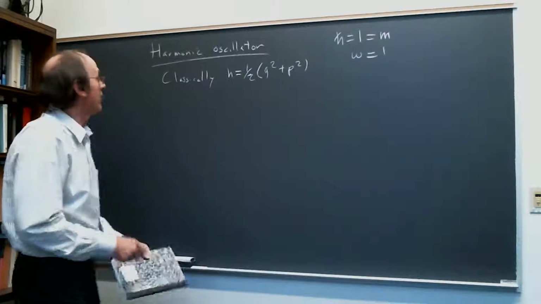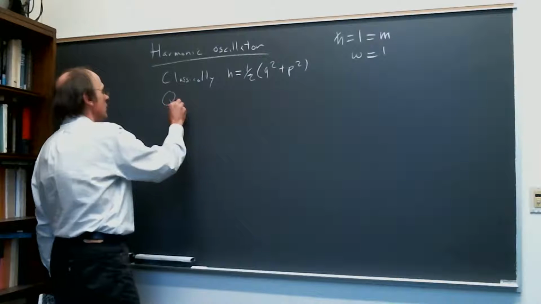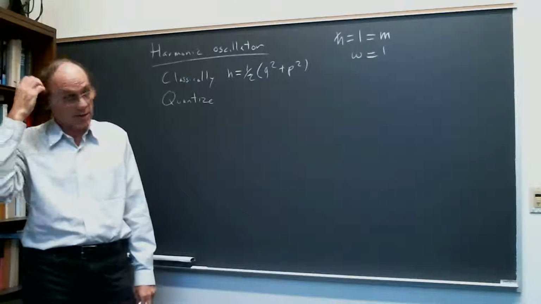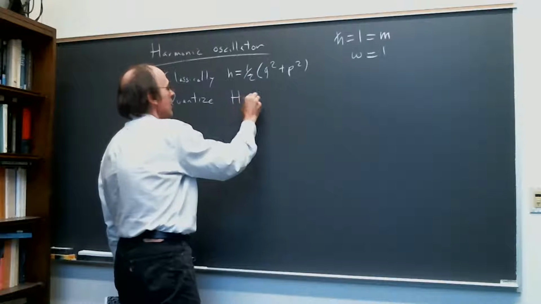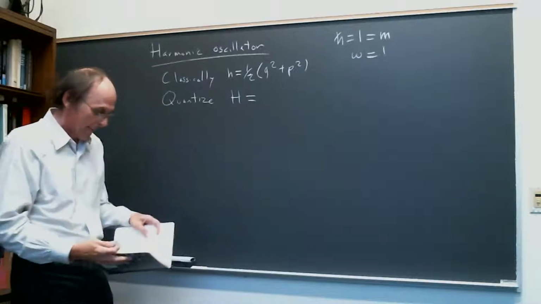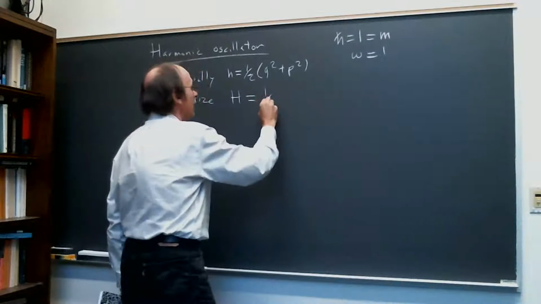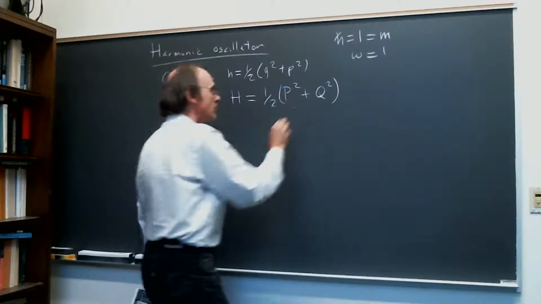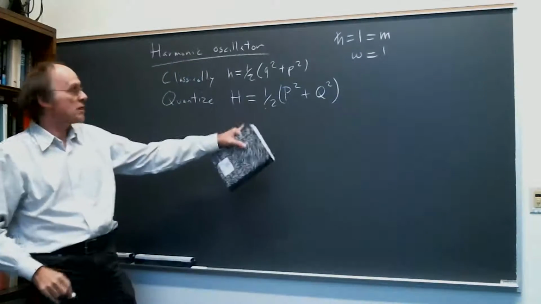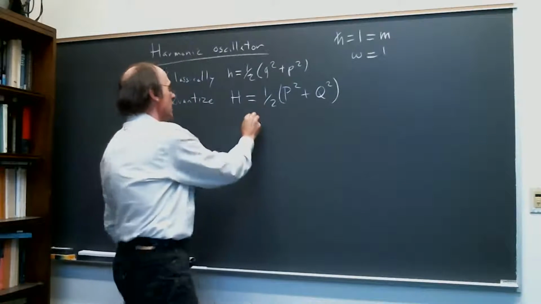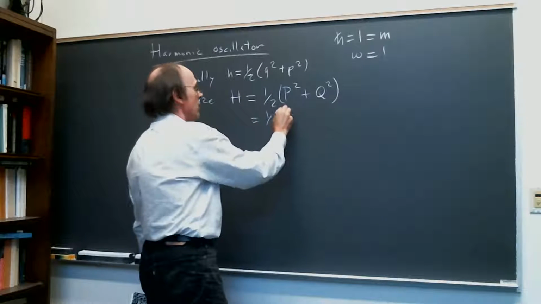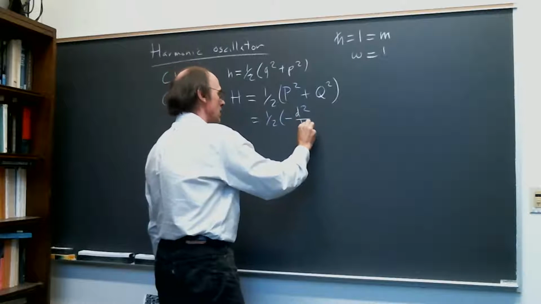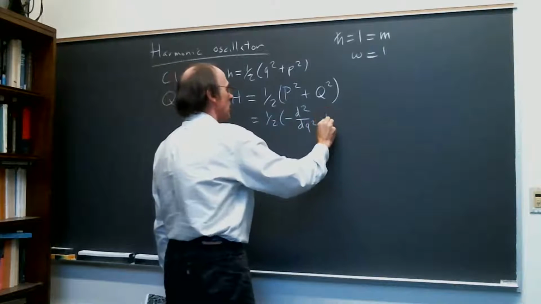But anyway, now if you quantize, the standard way of quantizing in position space is to take the Hamiltonian operator to be a half p squared plus q squared. In the position representation, this is a half of minus the second derivative plus q squared.